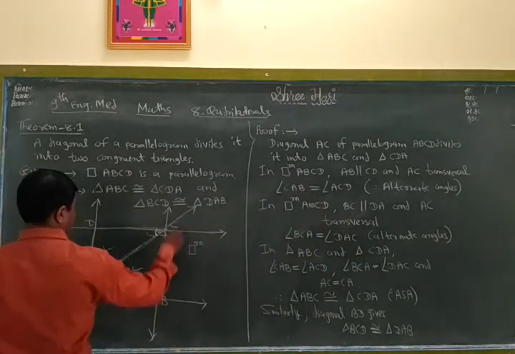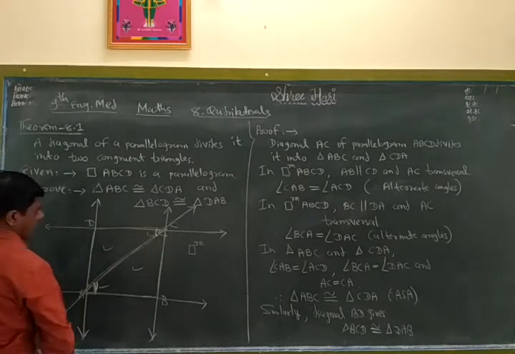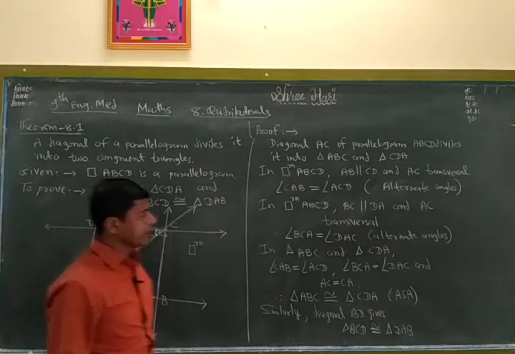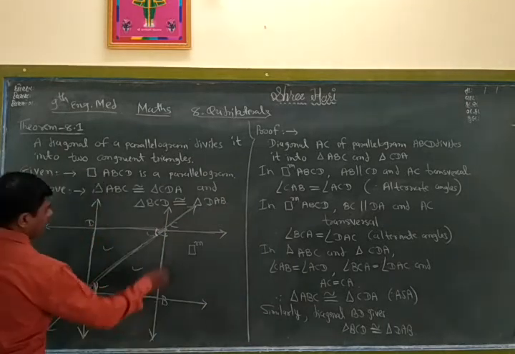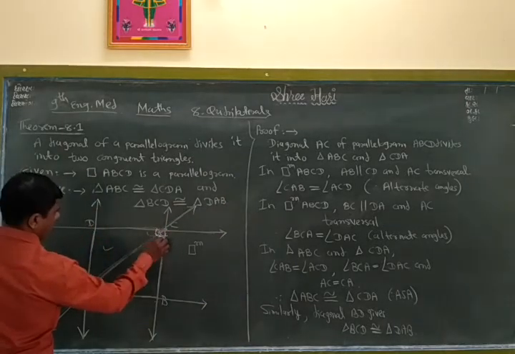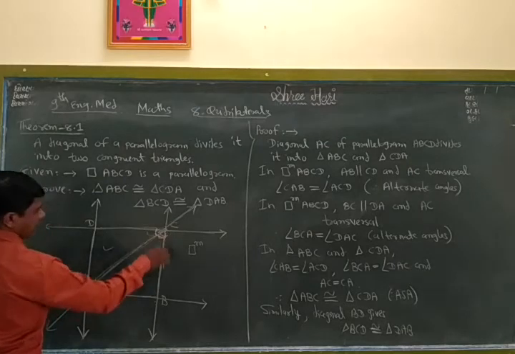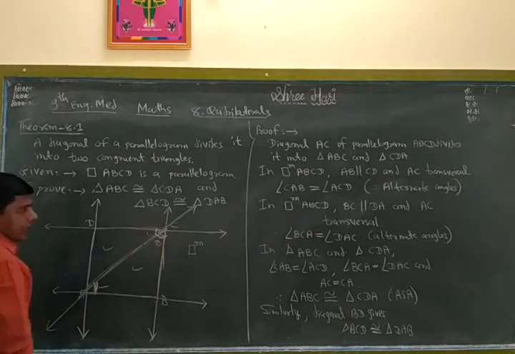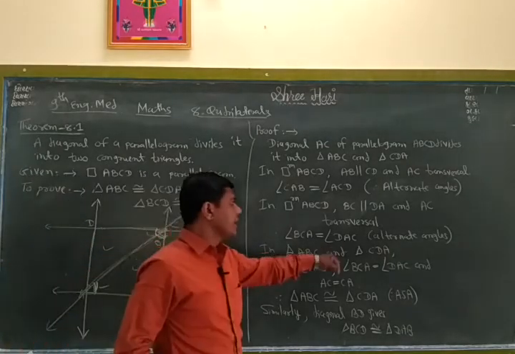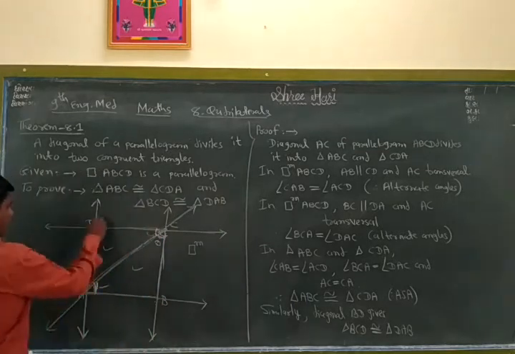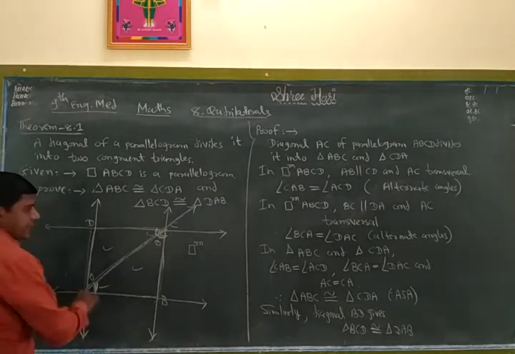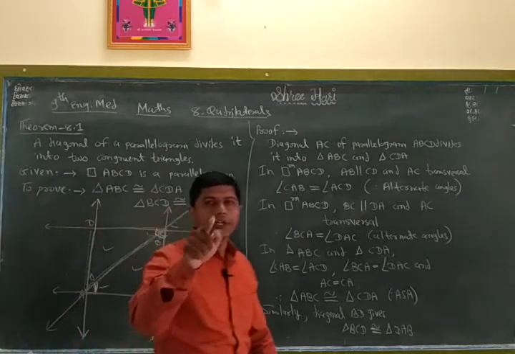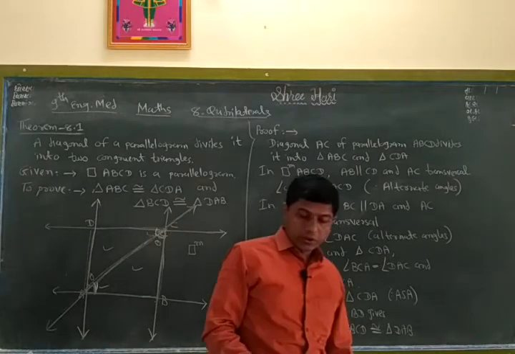So what happened? Angle BCA and angle DAC form a Z shape, and Z shape means alternate angles.